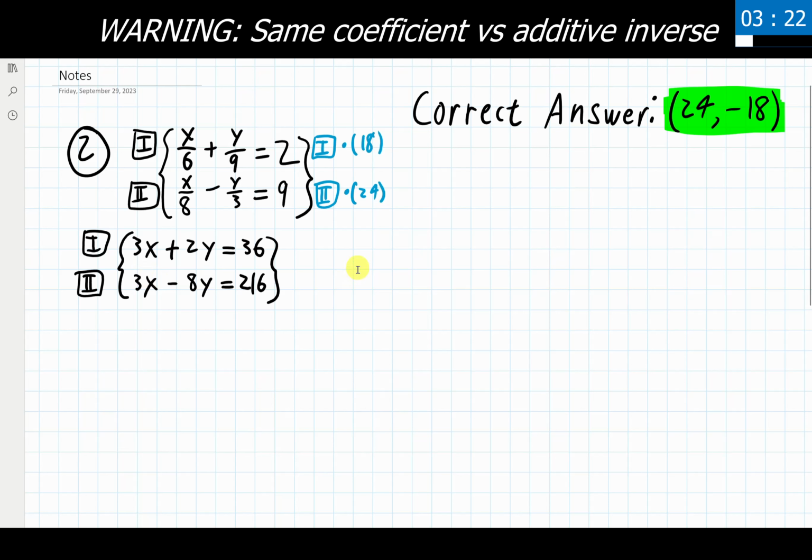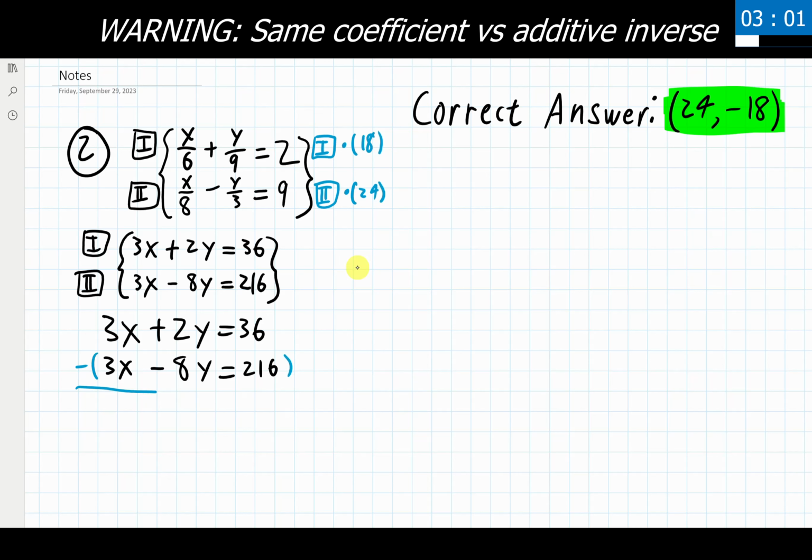Great, I'm going to use a different process with the elimination method, and instead I'm just going to subtract these two equations together. So I write in a subtraction sign here, and I go through my subtraction process.